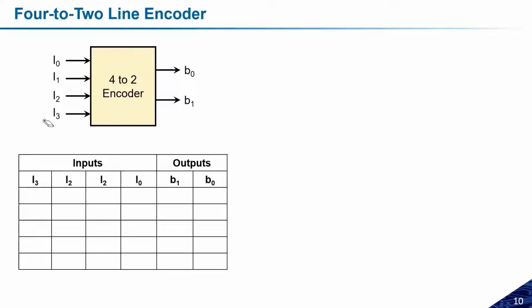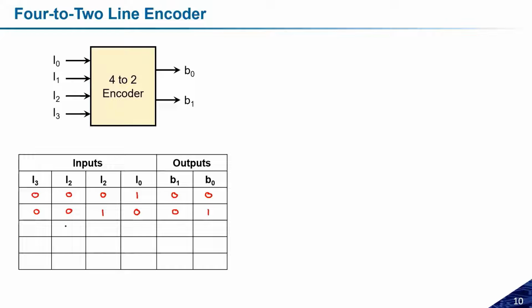Let us assume the first case is if I0 is equal to 1 and all the rest are 0. Then the output I will get is 0, 0. If I1 is high, then the output will be 0, 1.